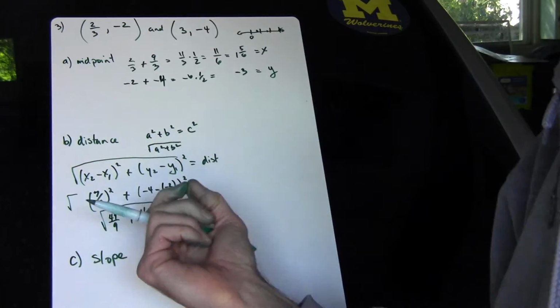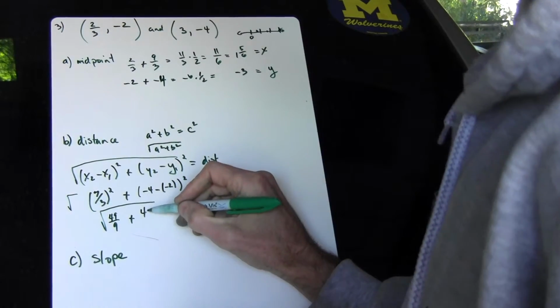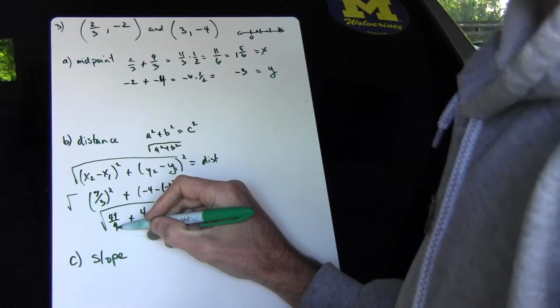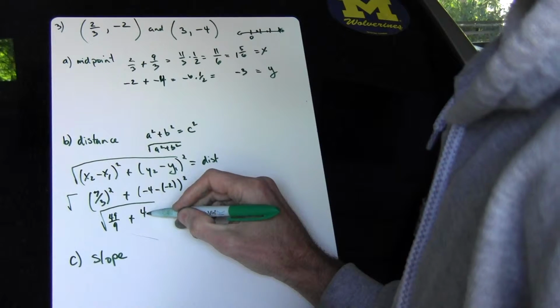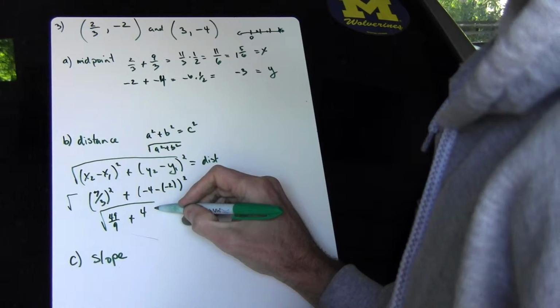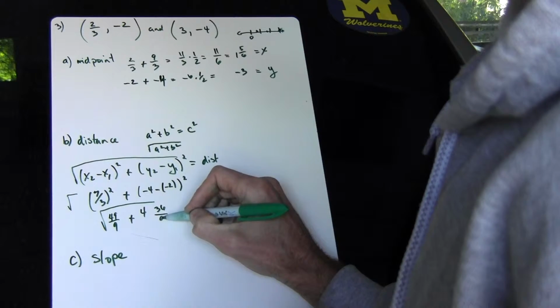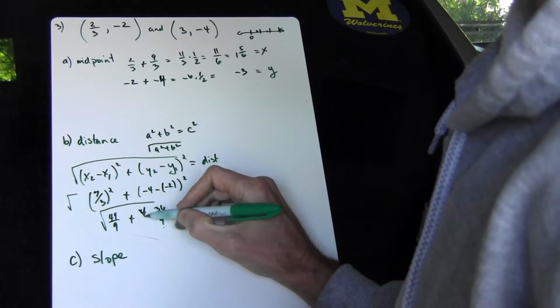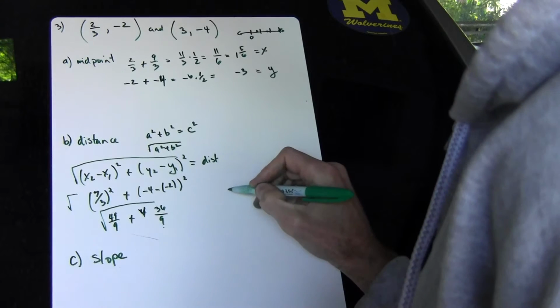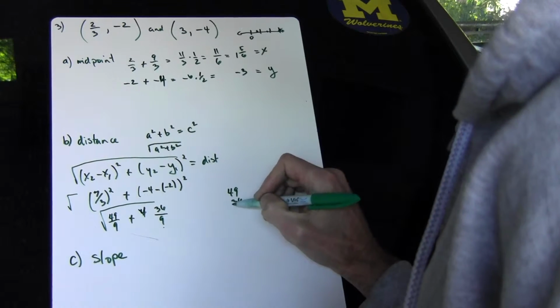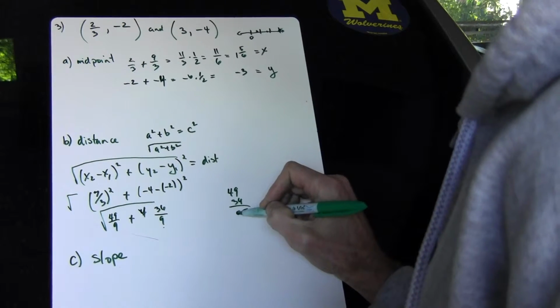Now I want to combine those 2 together, so don't think of it as 4, think of it as a common denominator of 9. So I'm going to rewrite 4 as 36/9. Now I can add those 2 together, 49 and 36, which is 85.